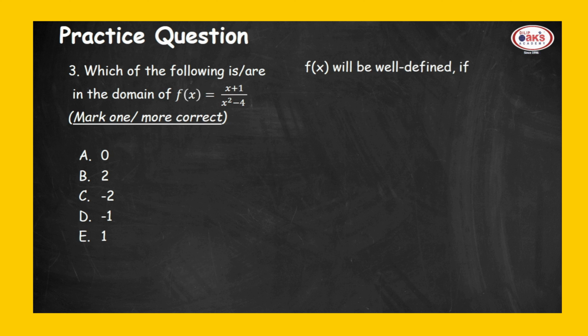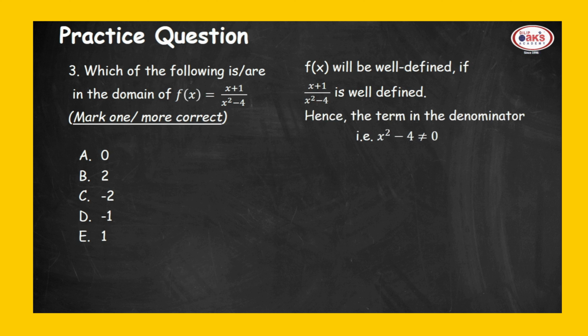Now here, f of x will be well defined if the quotient x plus 1 upon x square minus 4 is well defined. Now for this quotient to be well defined, the term in the denominator, that is x square minus 4, should not be equal to 0.